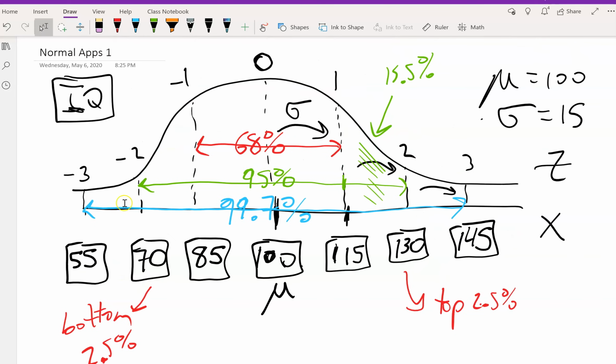Anybody scoring 70 and below, because the chance is only 2.5%. And anybody scoring above a 130, because again, the chances are only 2.5%. Think about 2.5, 95, 2.5 add up to 100. That's why I keep saying the 2.5, that makes 5. That's the opposite of the 95. 95 inside leaves 5% outside.